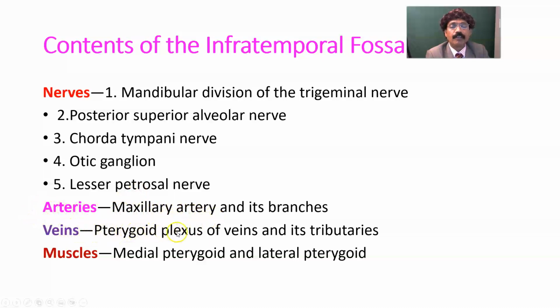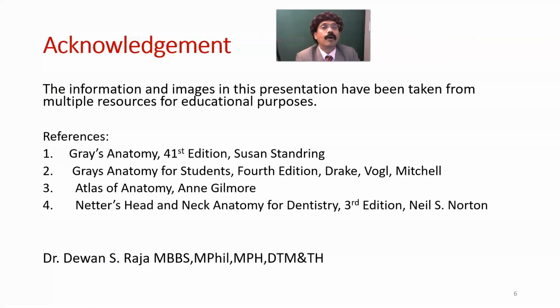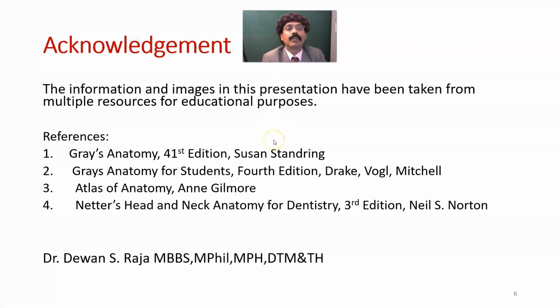Vein: pterygoid plexus of vein and its tributaries. Muscles: medial pterygoid and lateral pterygoid muscles. Okay, so we got the contents of the infratemporal fossa. And that's all about the boundary and contents of the infratemporal fossa.